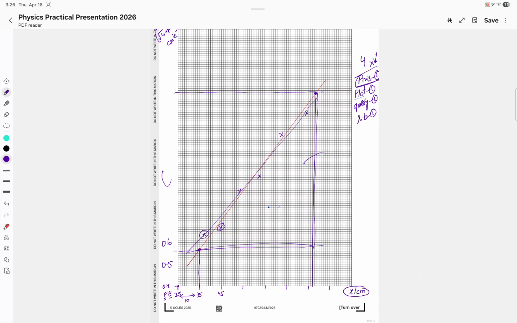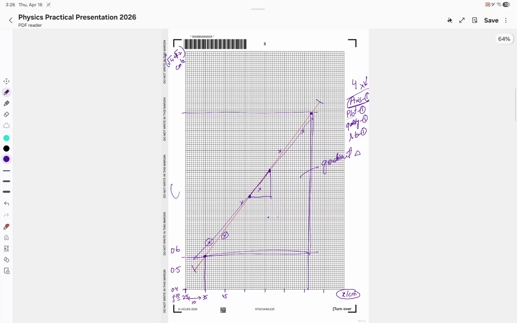This is called, guys, the gradient triangle. If candidates select the 2 points of the gradient so close that, in the gradient triangle, the hypotenuse length is smaller than half the length of the candidate's line, you will lose a mark on the gradient, mark my words. So be very careful about the gradient.